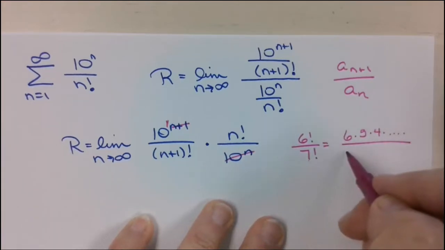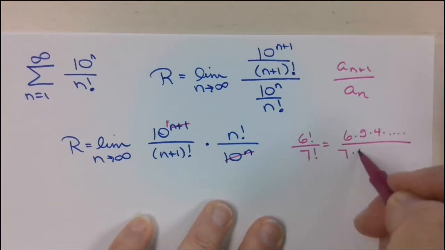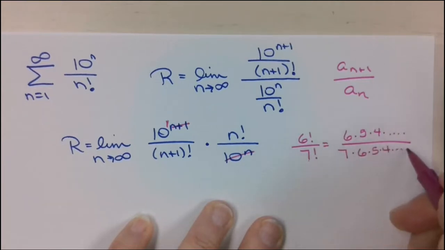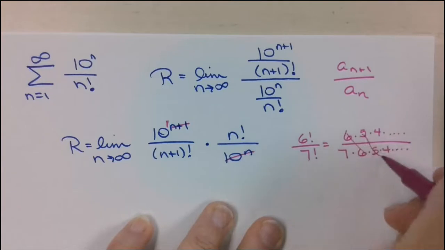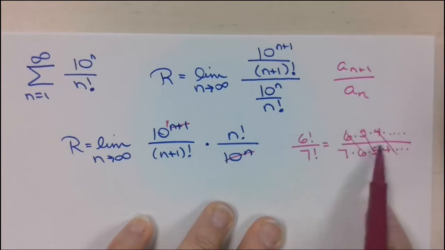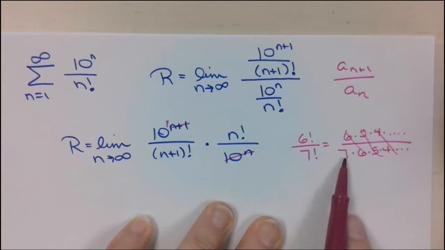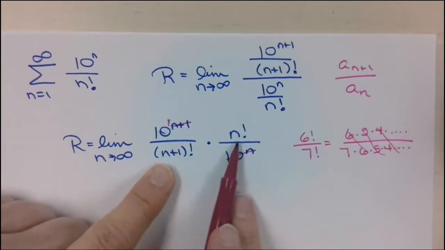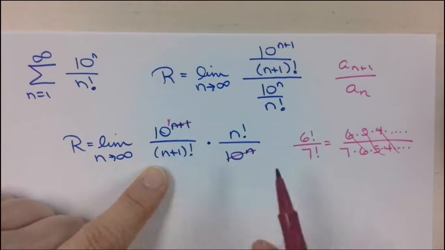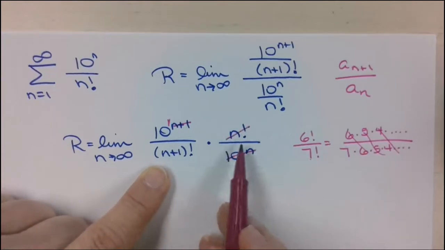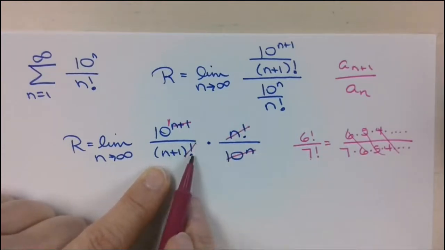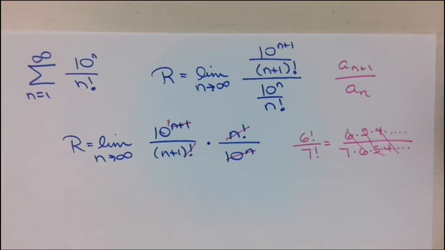The denominator, 7 factorial, is 7 times 6 times 5 times 4 and so on. So notice all of the 6 factorial is going to divide out, and I'm just going to be left with the 7. What that means here is if I have n factorial and n plus 1 factorial, the n factorial is going to divide out, and I would just be left with n plus 1.